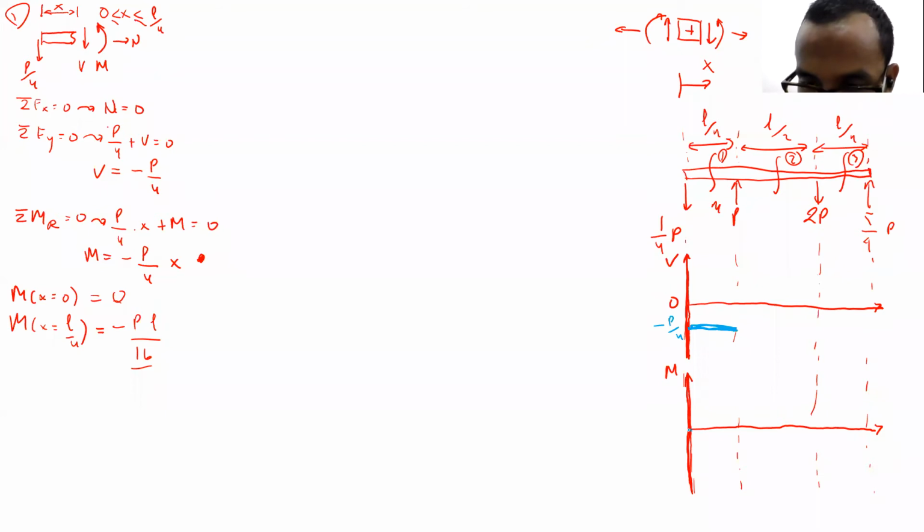Okay, so it's from 0 when x equal to 0 to minus PL over 16. Yeah. So the line is supposed to be like this. This value is minus PL over 16.